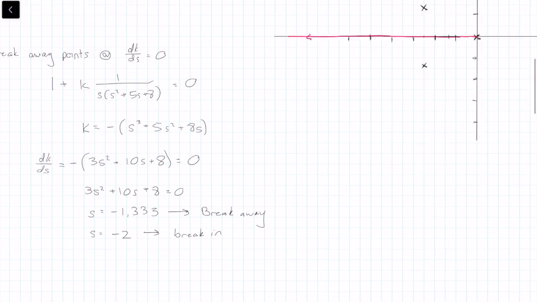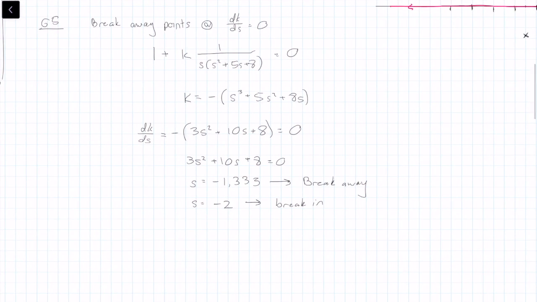Okay, so let us now get the value of k. So k at s equals minus 1.333. We're just going to substitute 1.333 into that equation right there. So let's do that. Minus 4 over 3 is minus 1.333. So we're going to have minus s cubed plus 5s squared plus 8s, and that equals 4.1481.